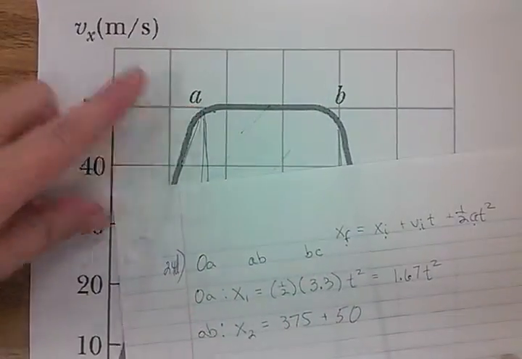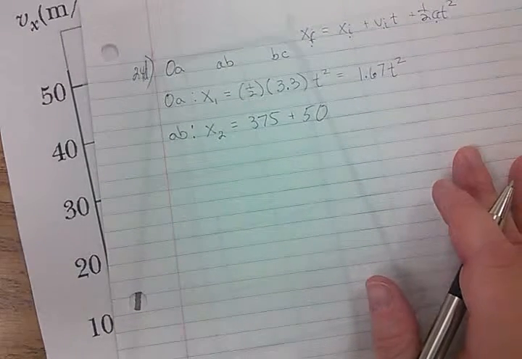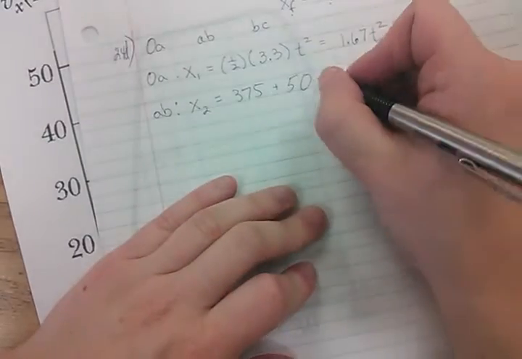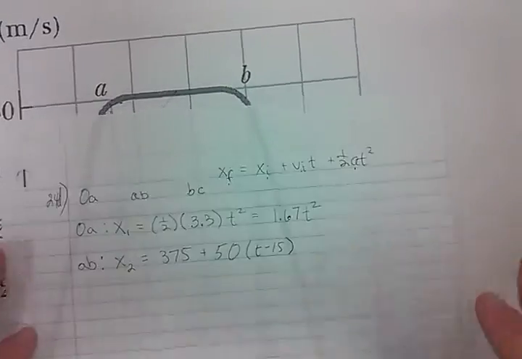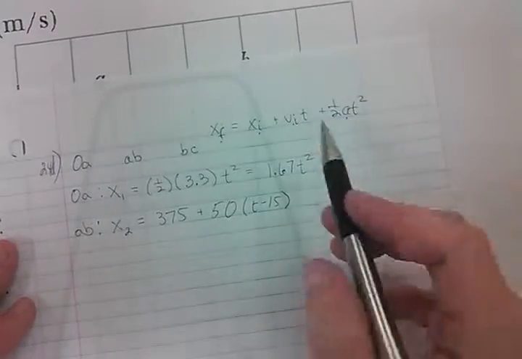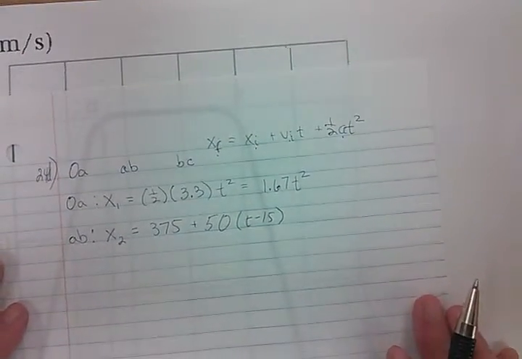We can just tell that by the graph. Remember, we've got to write t minus 15. We also know during this interval that the acceleration is 0 because this line is flat, so we can just drop the last term of the second kinematic equation.